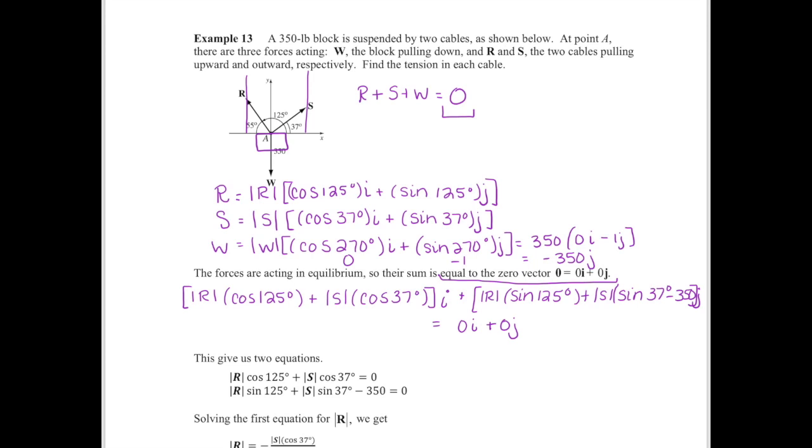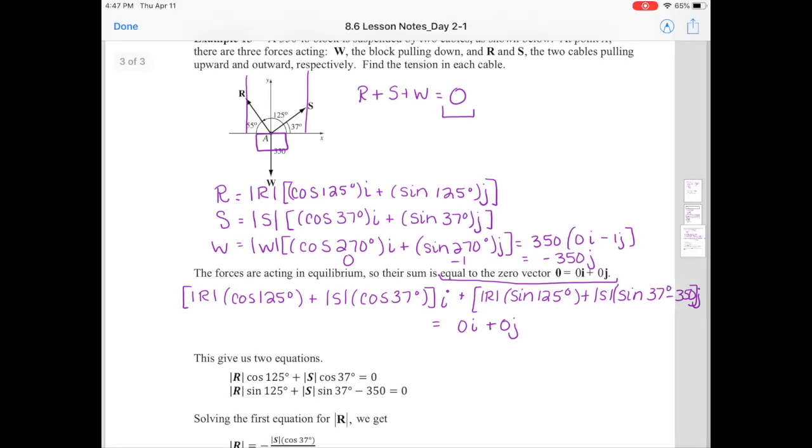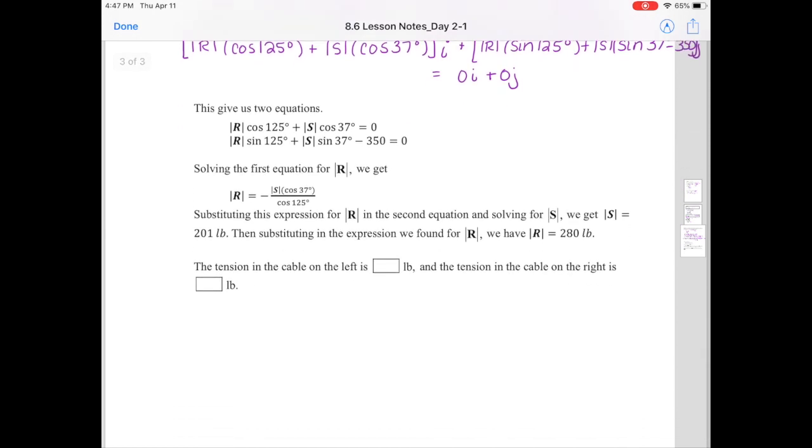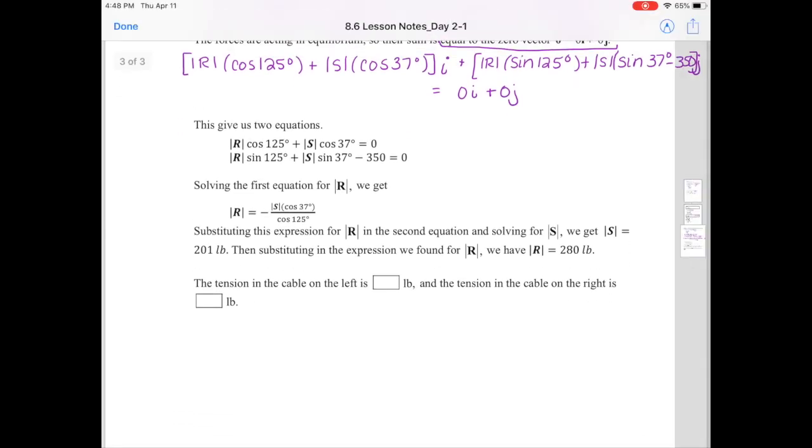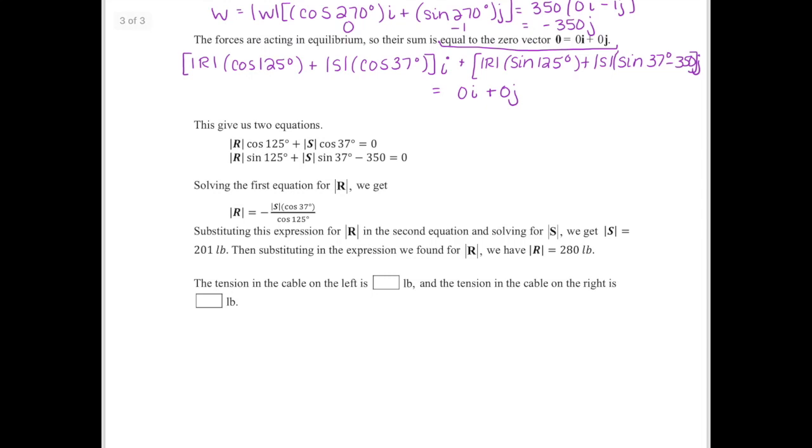This then will give us two different equations. It will give us the magnitude of R cosine of 125 degrees value here equal to 0. And then it also gives us the equation with our J values equal to 0.